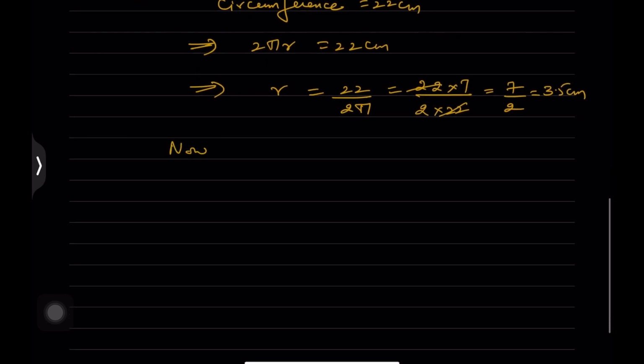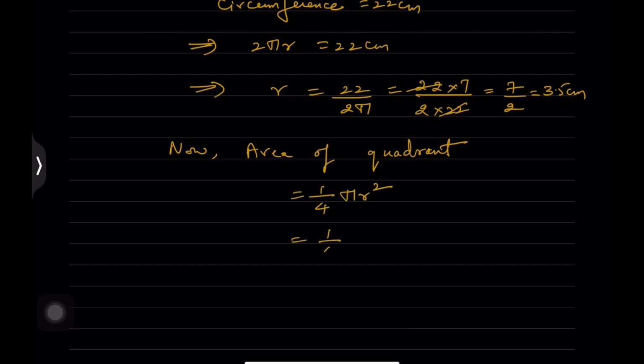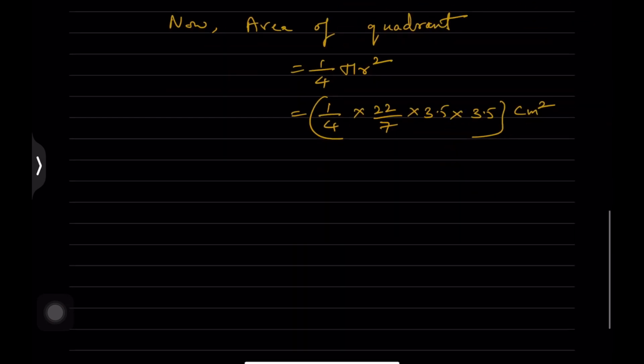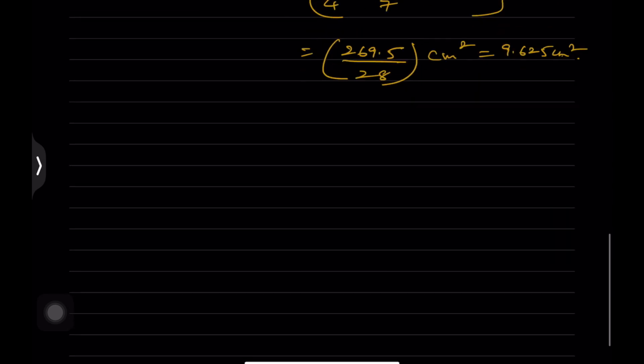Now area of quadrant is equal to 1 by 4 pi r square, which is equal to 1 by 4 into 22 by 7 into 3.5 into 3.5 centimeter square, which is equal to 269.5 by 28 centimeter square, which is equal to 9.625 centimeter square.